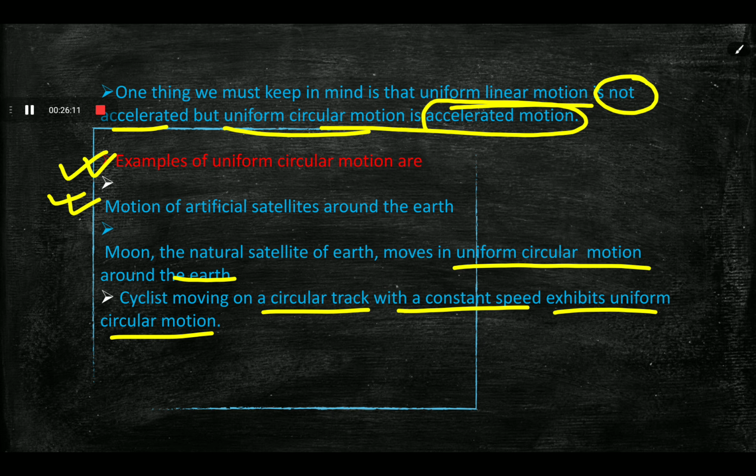You know that for defining uniform circular motion, we have to mention two terms: first is the constant speed and second is the circular path. So when a cyclist moves on a circular track with a constant speed, it exhibits uniform circular motion. But this uniform circular motion is actually accelerated motion.